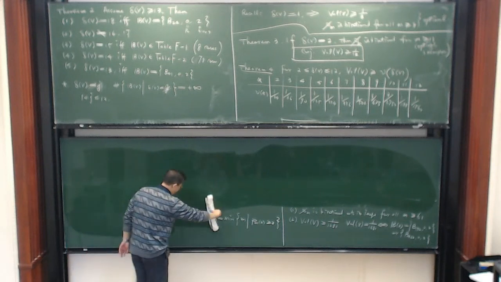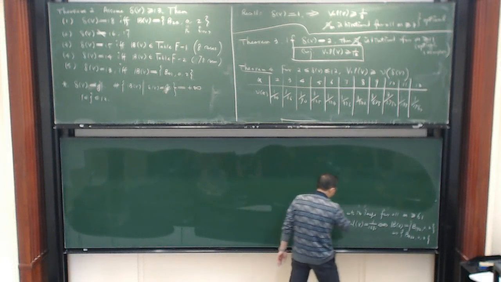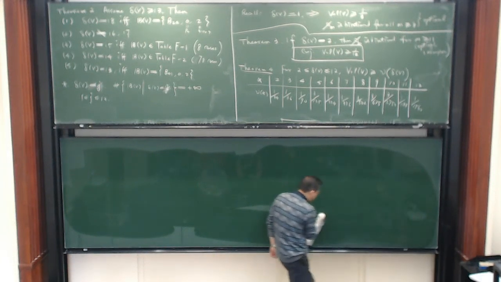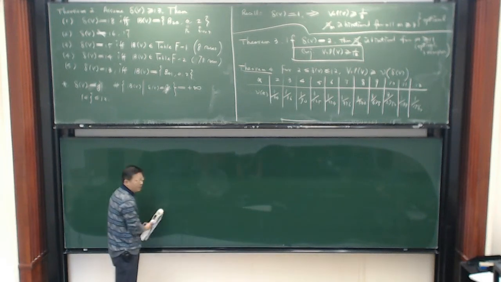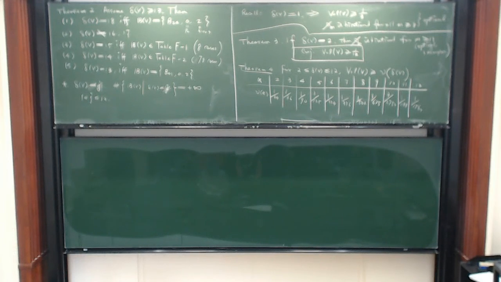One possible way is to use geometrical properties of threefolds to prove some effective inequalities. We have a large table.